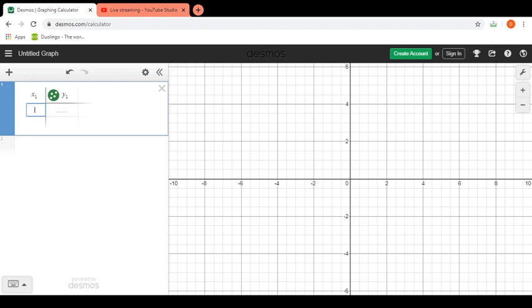Say this is minus 2 and the other one is also minus 3. Okay, so what will be the reflection of (-2, -3)?